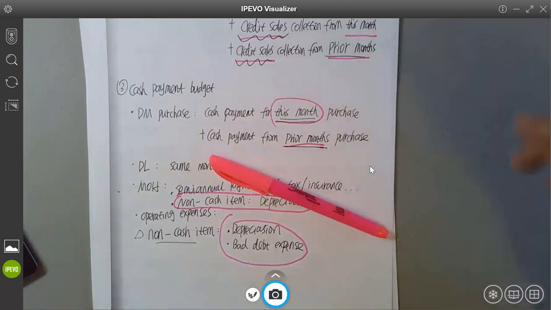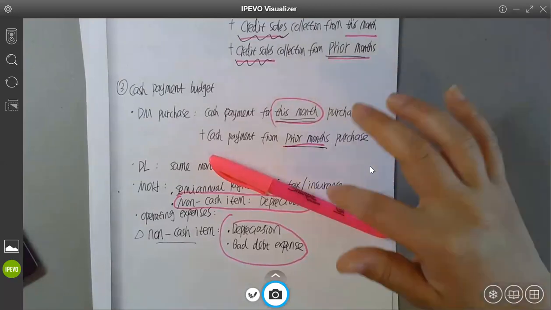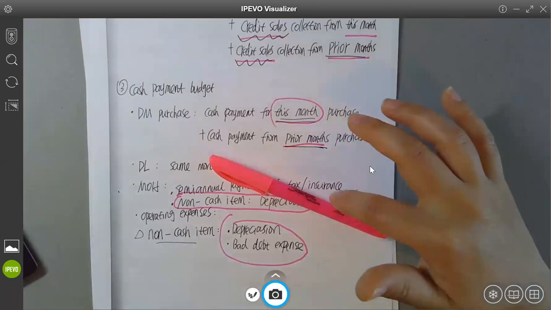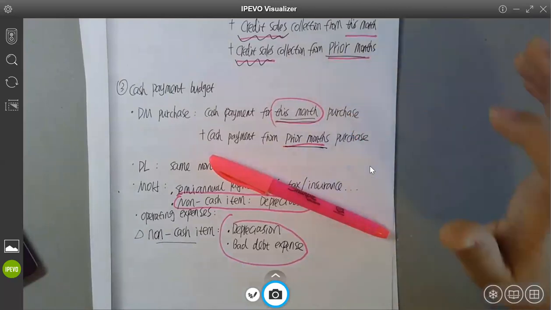So it will be in your manufacturing overhead, the expense budget, but it will not be in your cash budget. Your cash budget doesn't have this depreciation expense or the bad debt expense.